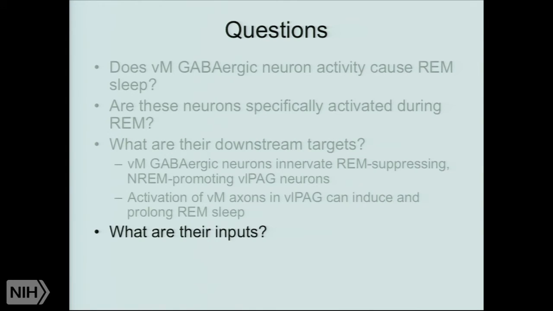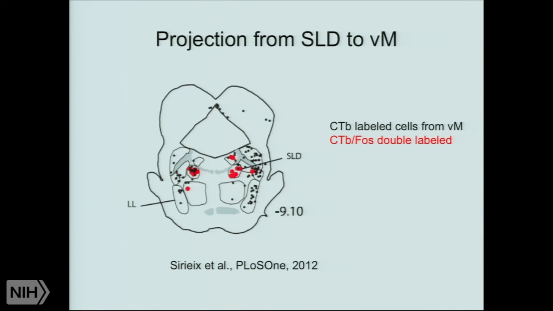And now, question number 4, what are their inputs? Previous studies have shown, this is again a study done by the Luppi group in Lyon. They used c-Fos, and these red dots represent the c-Fos neurons that also project to the medulla.